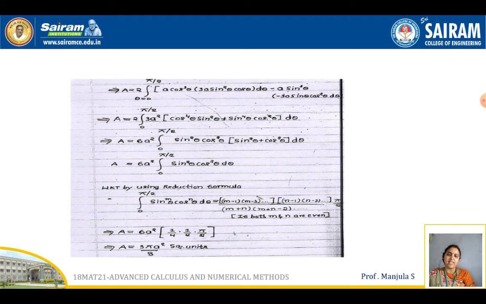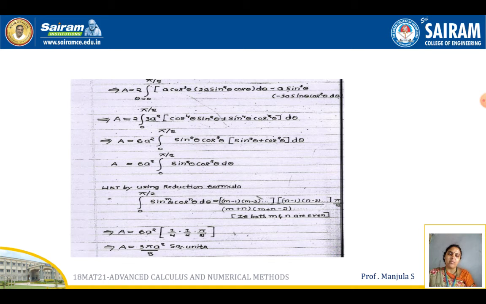Now we have to evaluate this integral. For evaluating, we'll use the reduction formula. The formula is: integration from 0 to pi by 2 of sin m theta cos n theta with respect to theta equals numerator (m minus 1)(m minus 3) and so on, and (n minus 1)(n minus 3) and so on, divided by (m plus n)(m plus n minus 2) and so on.